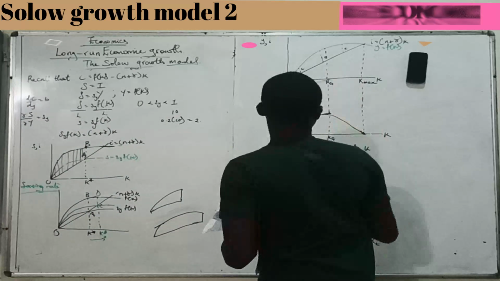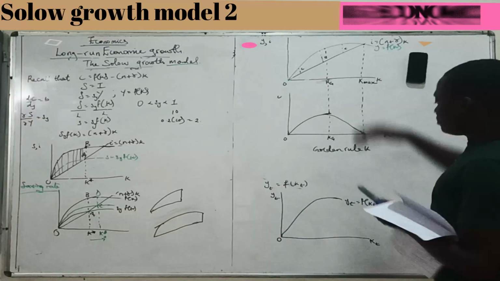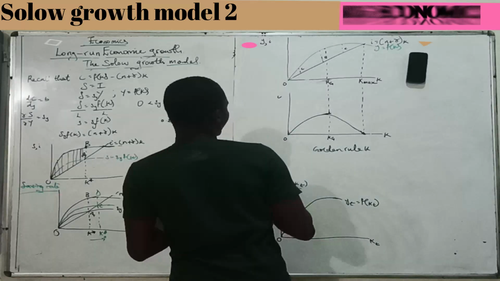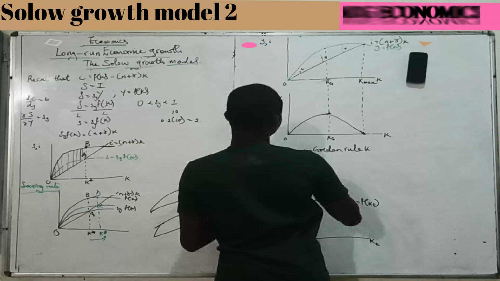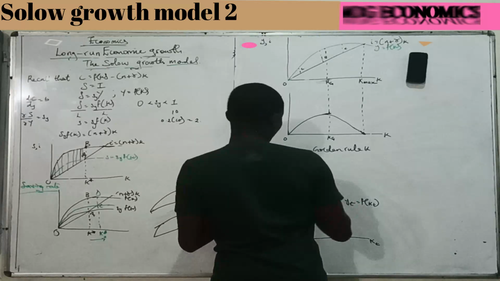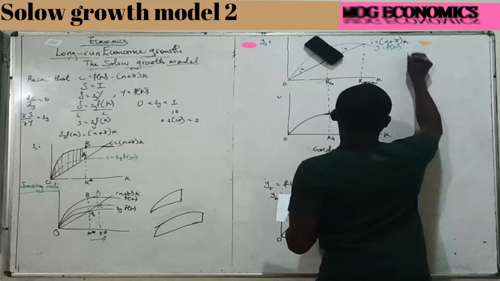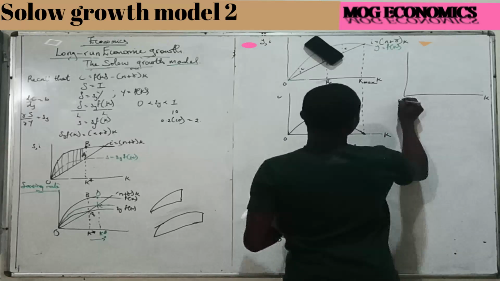So let me just use this. This is the output, then this is saving. So let me draw something. Okay, capital per worker, 0.